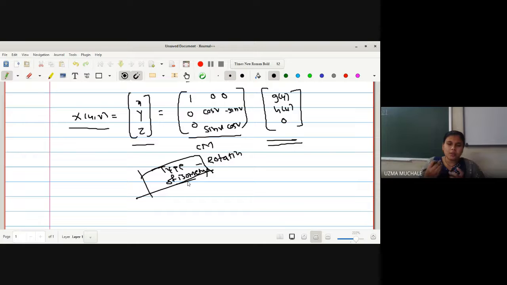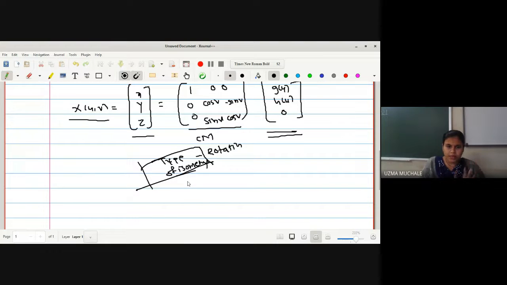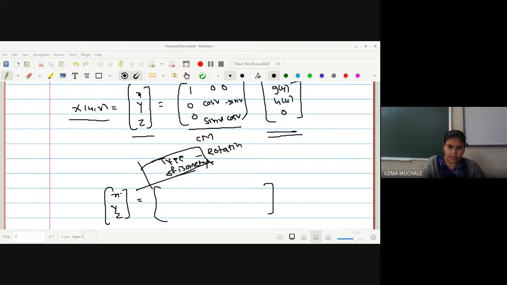And what about the orthogonal transformation? It must be linear and it preserves the dot product. So those who don't remember, go back to isometry and you can see how to find the rotation matrix. Now just do a multiplication of matrices and then we can get the value of x, y, z is equal to.